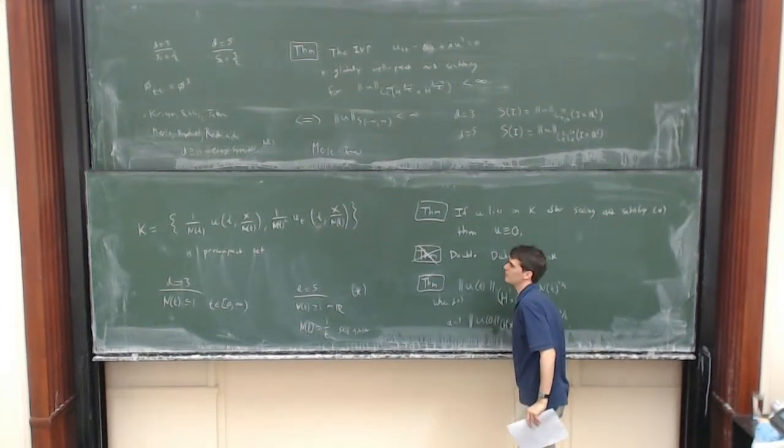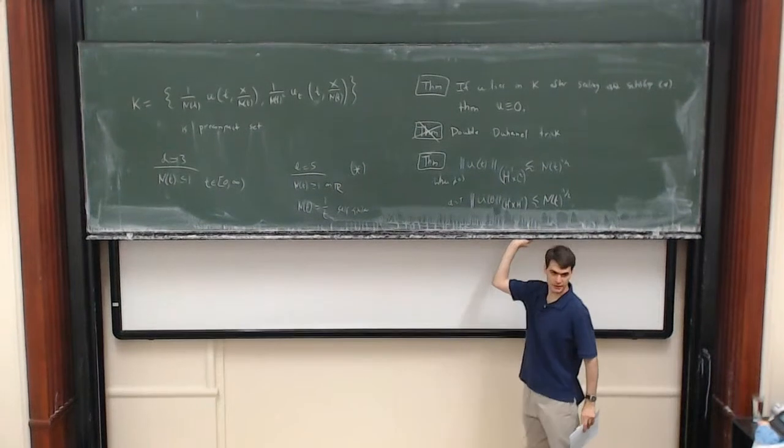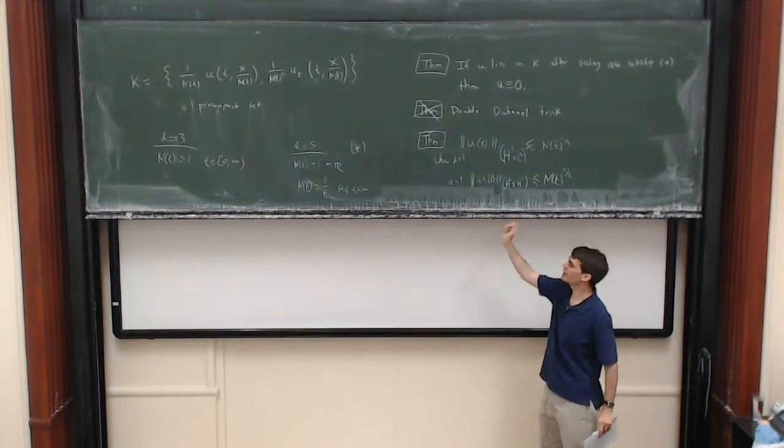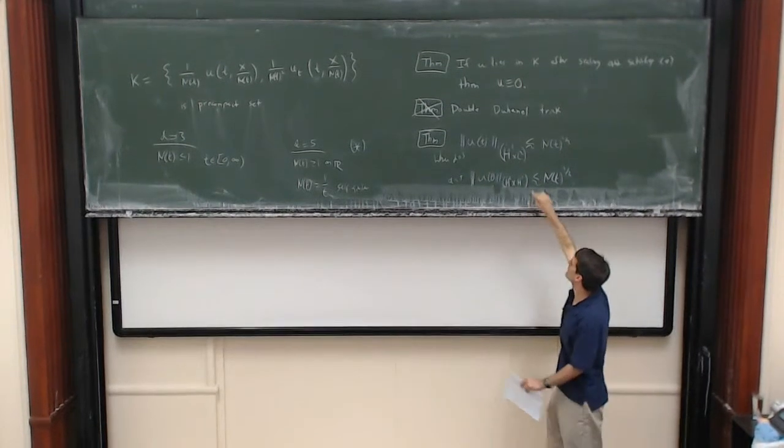And so the point is we use the double Duhamel trick to gain a half of a derivative. In fact, you can gain a whole derivative here.